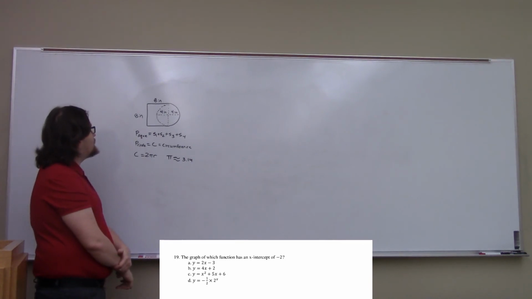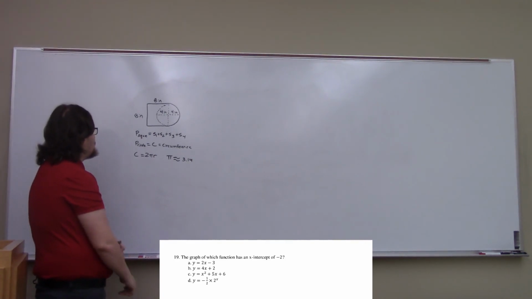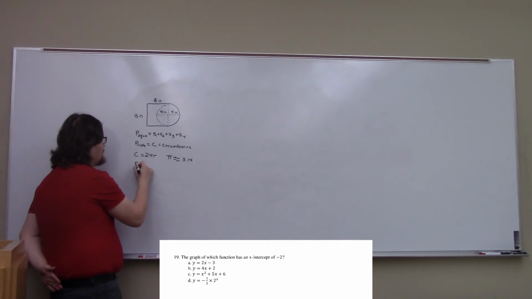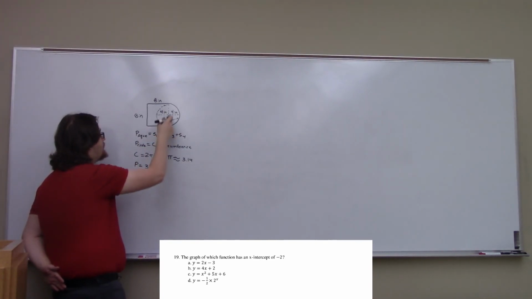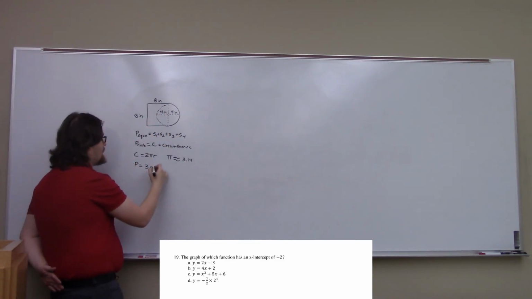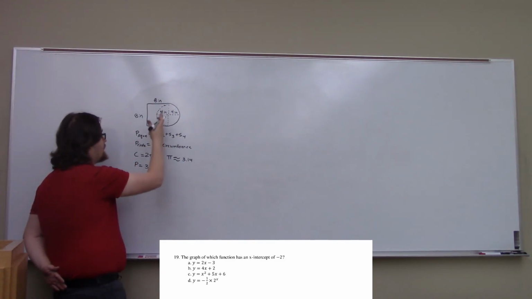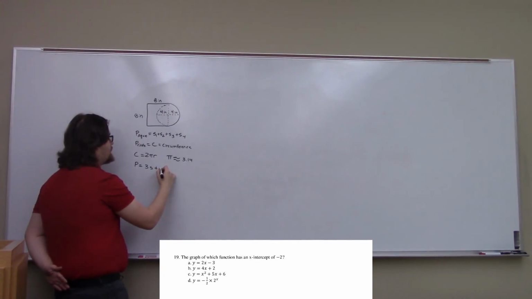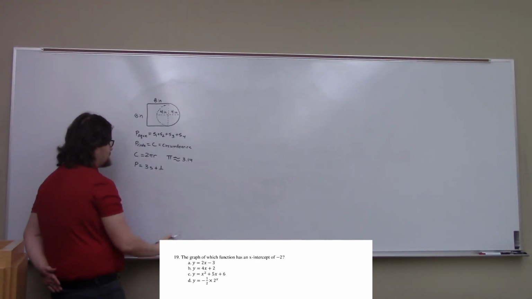Alright, so using all of this information, we can determine that the perimeter of this object is 3 times the side length, because we're leaving off one of these edges, plus pi times r, or rather 1/2.